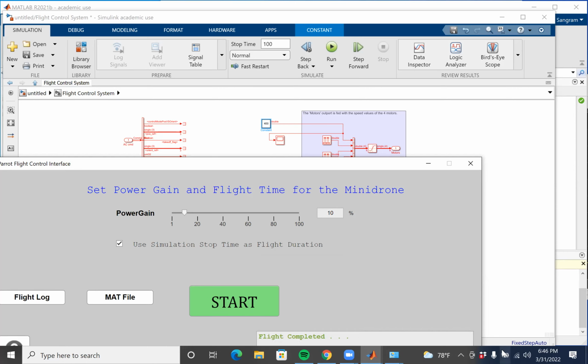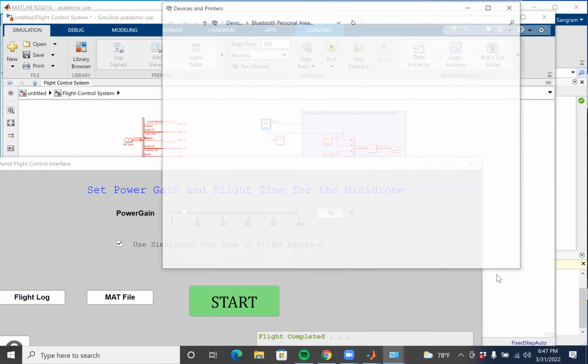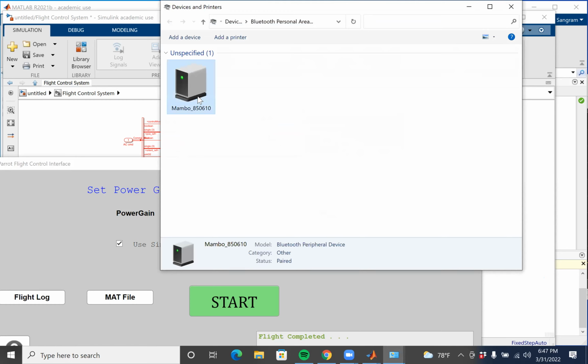Okay. It doesn't work that way. Okay, everyone, don't power off your Mambos. You're getting data from my Mambo.